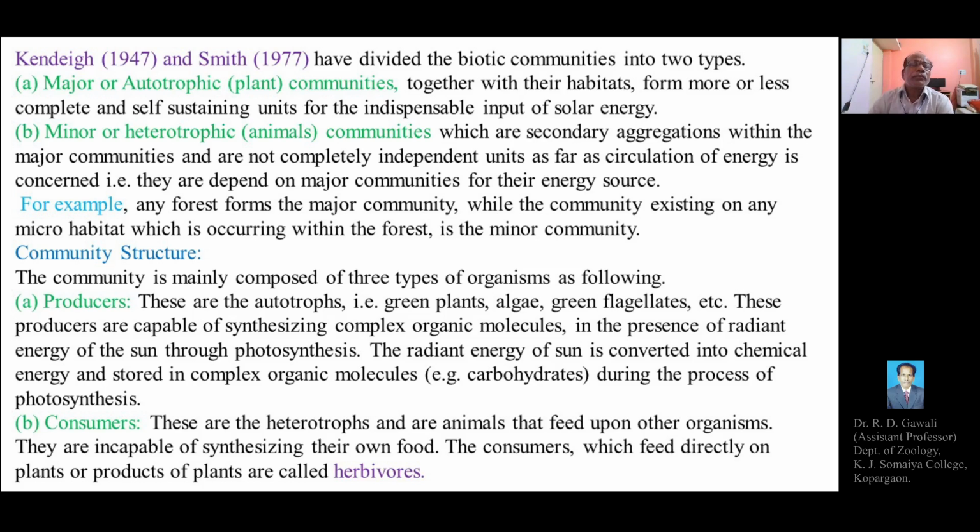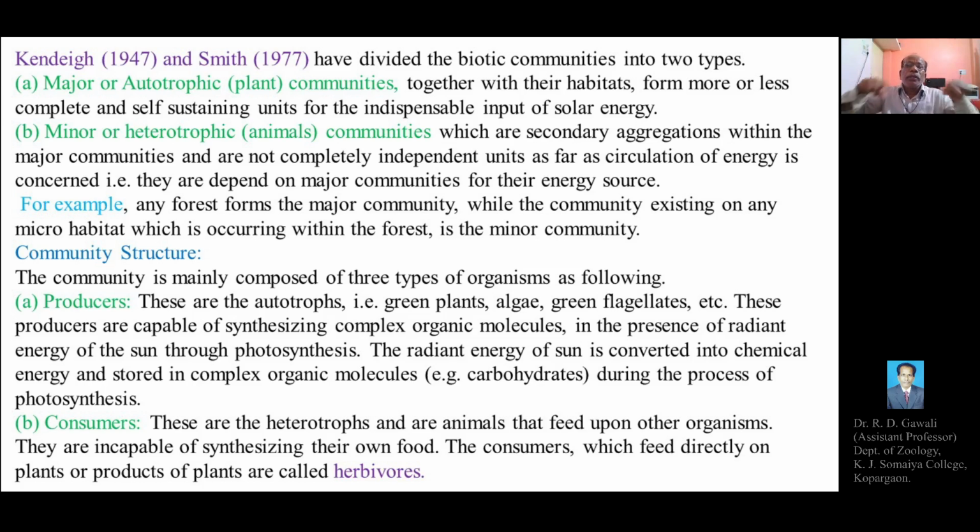For example, any forest forms the major community, while the community existing on any microhabitat, or on a limited area within the forest, is the minor community.